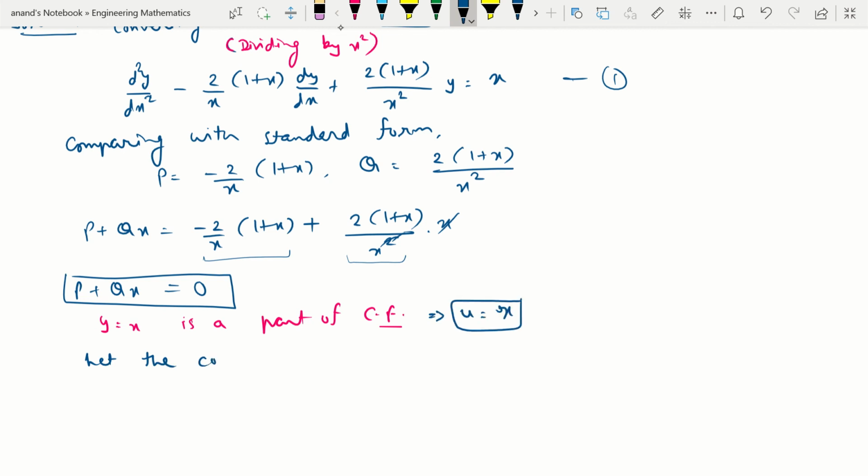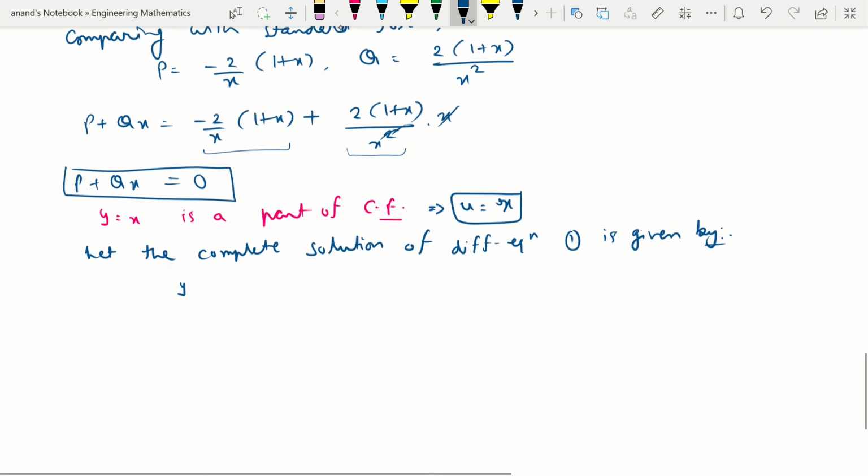So let the complete solution of differential equation first be given by y equals u into v.